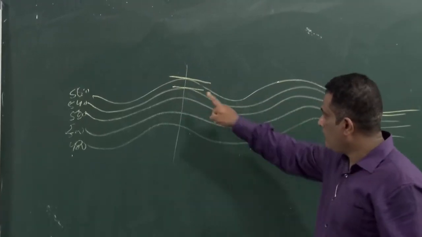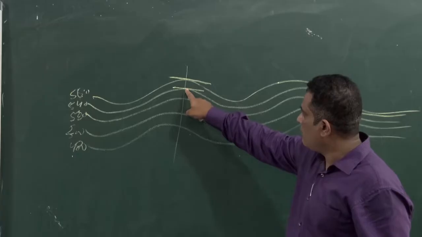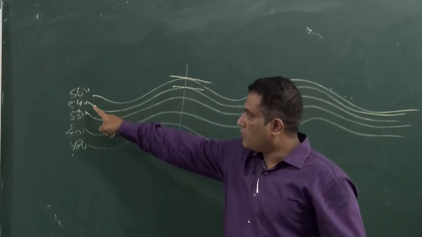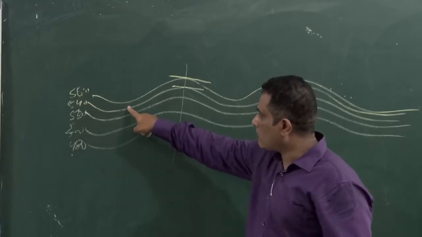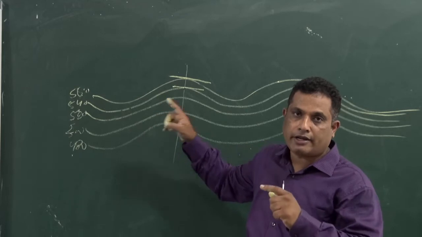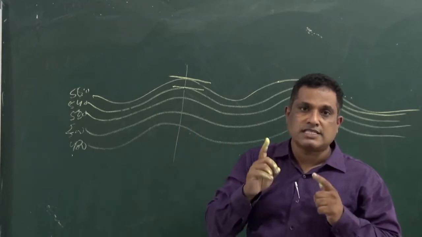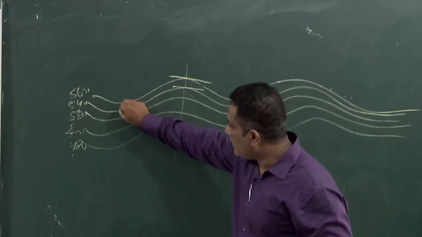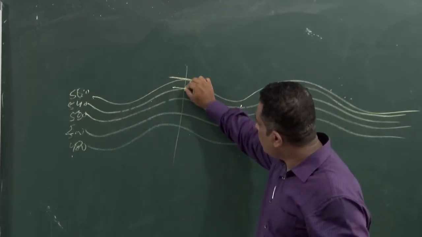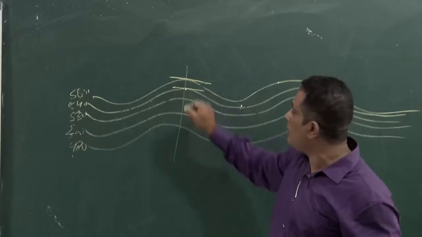Now see, suppose the contour value at this point is 540. Because of the first property of contours, each point on a contour line will have the same elevation. So here it is 540, here it is 540, here also it is 540. Here again it is 540.